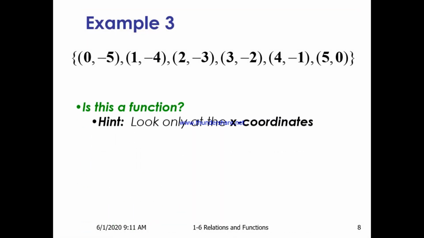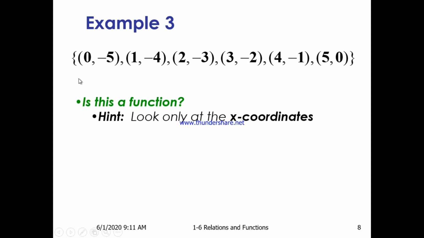Okay, example 3. We will take this for example. We have here a set of coordinates: (0, -5), (1, -4), (2, -3), (3, -2), (4, -1), and (5, 0). Now take a look at the x-coordinates. The x-coordinates, or the domains, are 0, 1, 2, 3, 4, and 5.